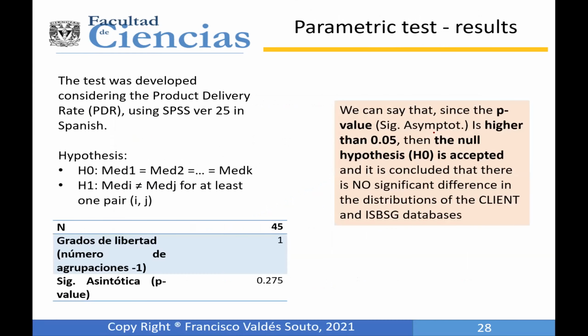So considering this, we make the parametric test that we have mentioned before. We have only 45 projects, and we identify a p-value higher than 0.05. So the null hypothesis is accepted, and these databases could be integrated in one database.